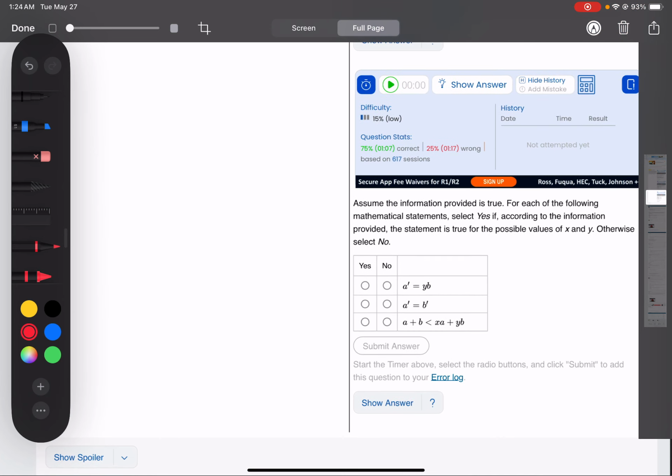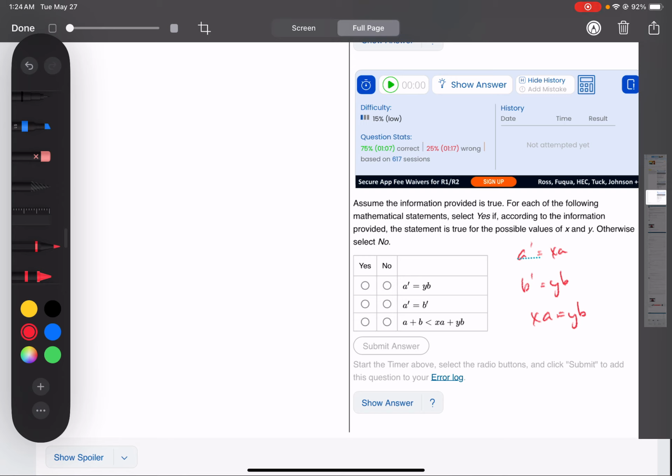For this one, it's important, up in the information somewhere, they say A dash equals XA, A dash being the number of contestants, which is the proportion times how many total members there are in A. B dash equals YB. And they also told us up above that XA equals YB.